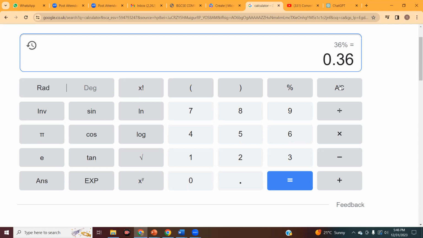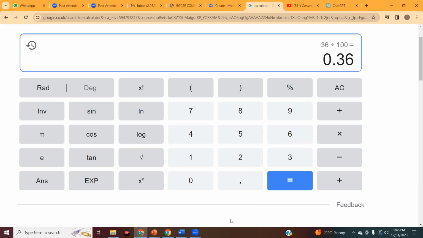Another way to calculate the percentage is if you just divide it by 100. So 36 divided by 100, and you get 0.36. And so that means that 36% is actually equal to 0.36 written as a decimal.